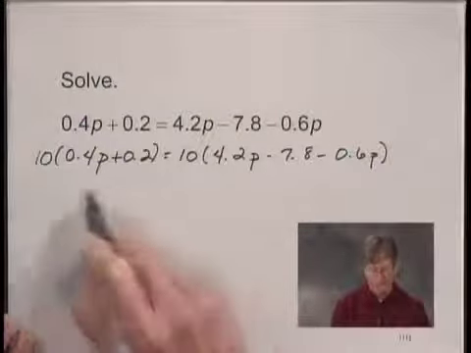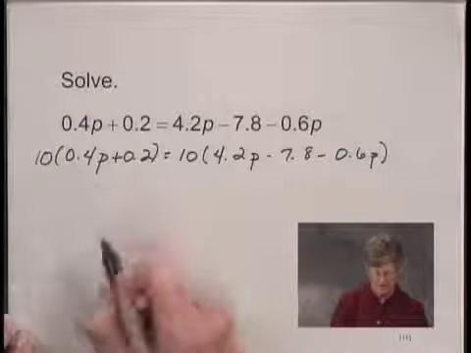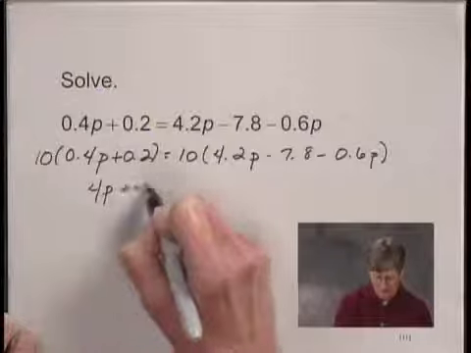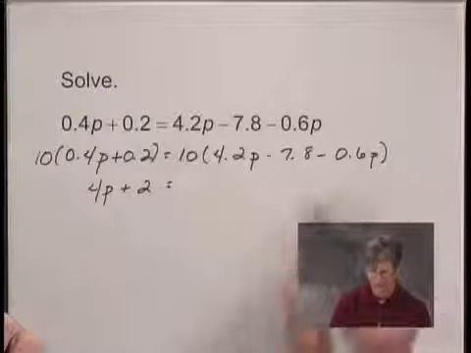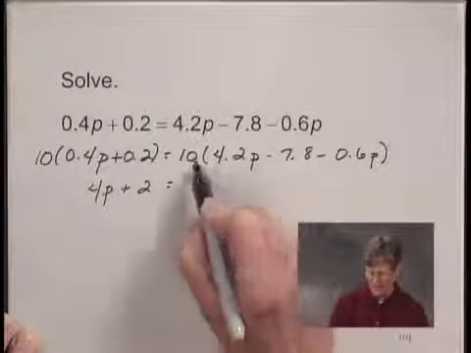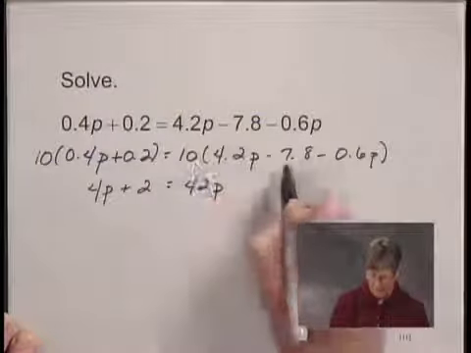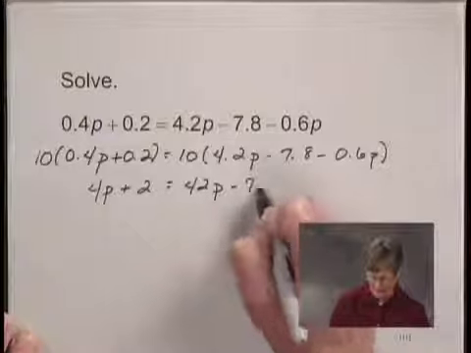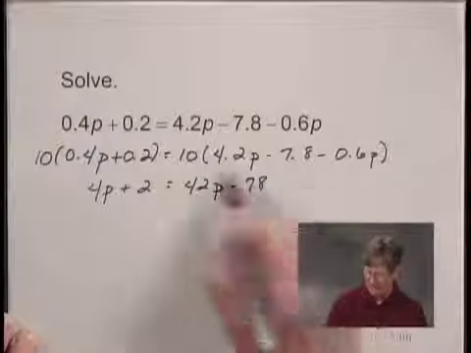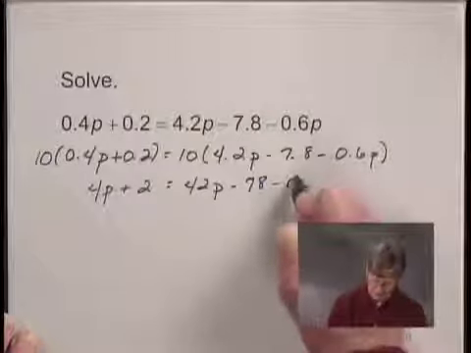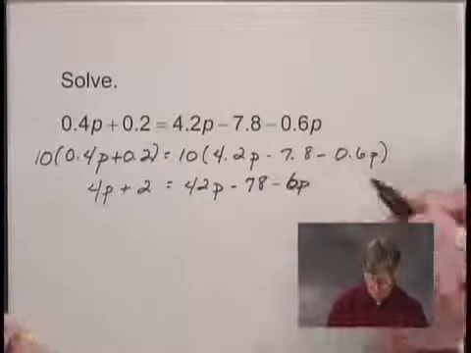Now, using the distributive law, 10 times 0.4p is 4p, and 10 times 0.2 is 2. And doing the same kind of thing on the right-hand side, 10 times 4.2p is 42p. 10 times 7.8 is 78, so I have minus 78. And 10 times 0.6p gives me 6p, so I have minus 6p.